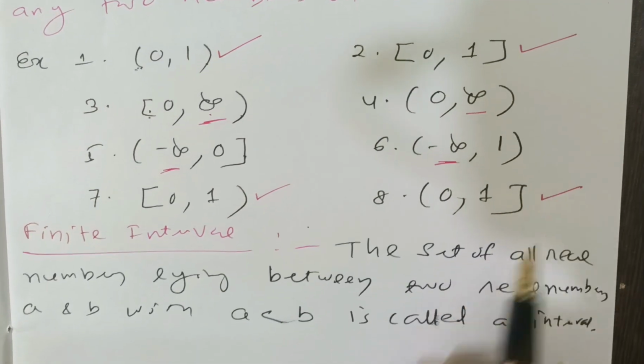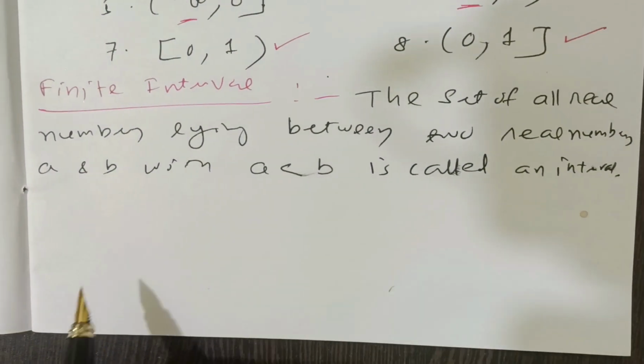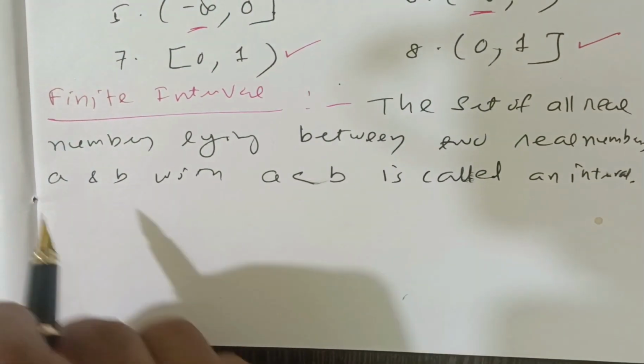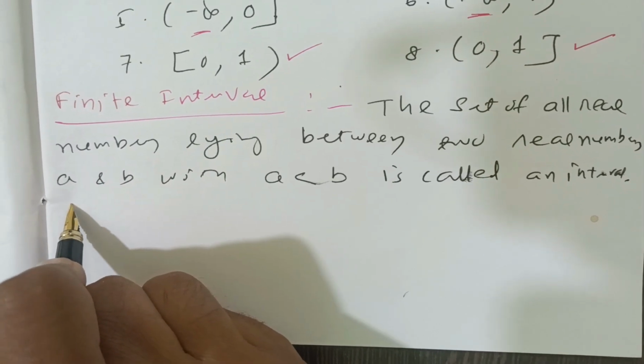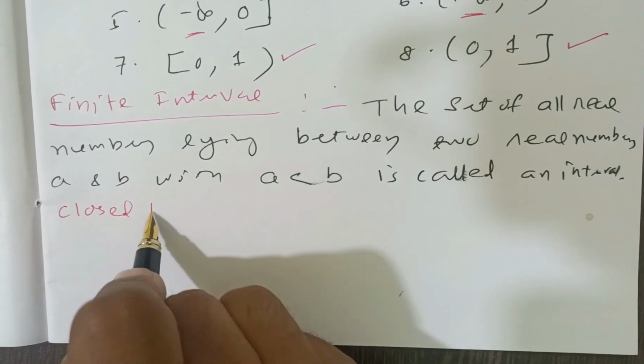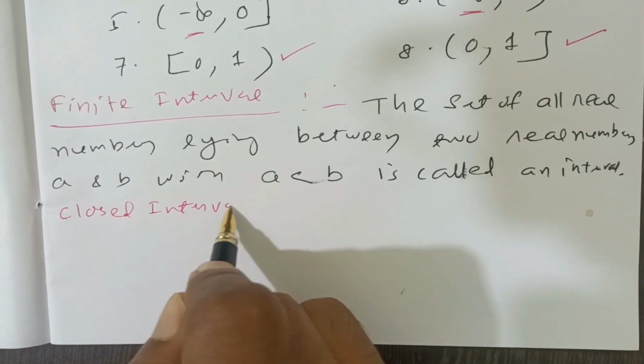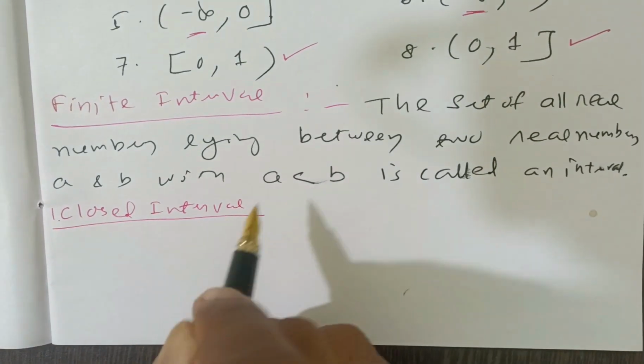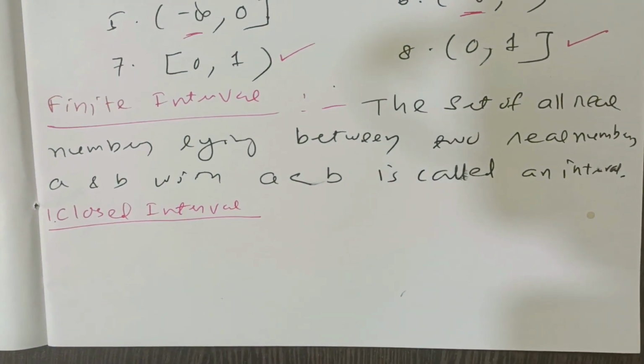Then let us study, friends, what are the different types of finite intervals. First one is closed interval. What is closed interval?